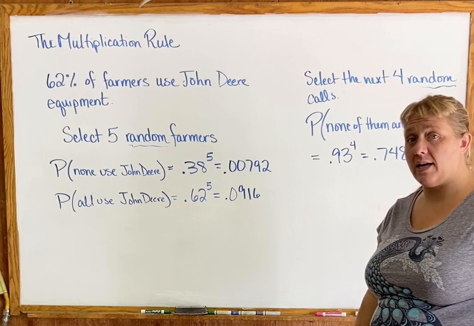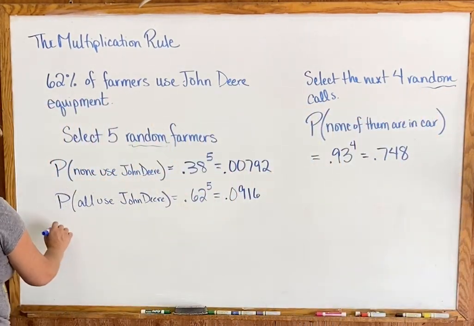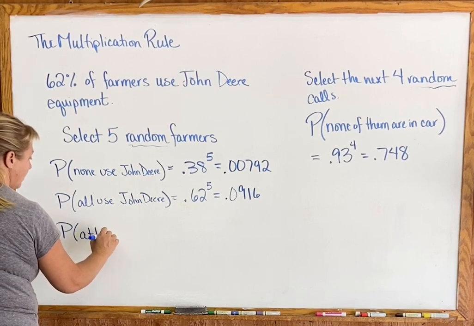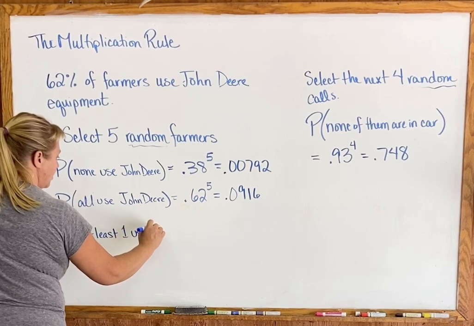But that leads us to our next question, and this is the tricky one. The next one is to find the probability at least one uses John Deere.